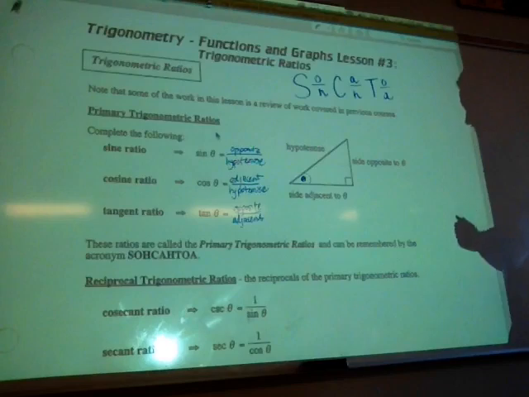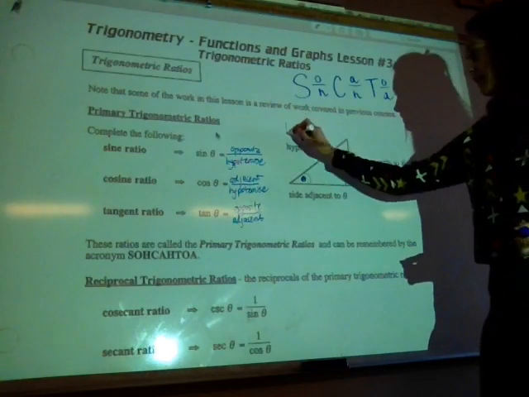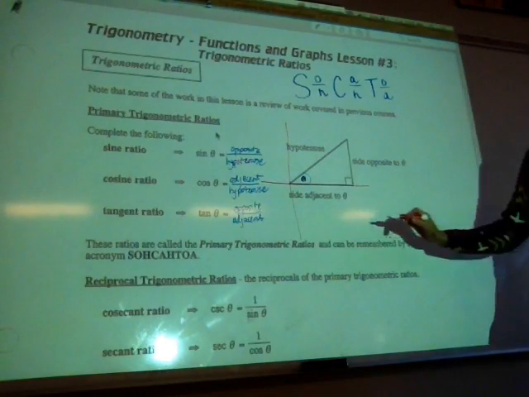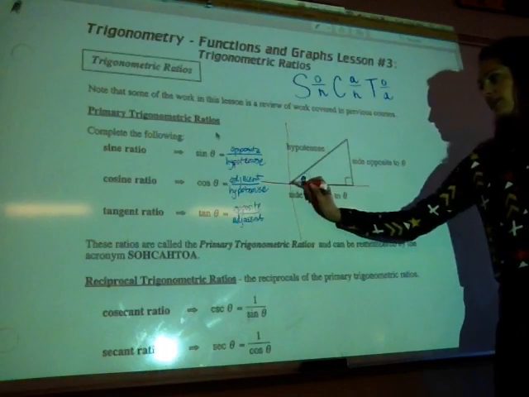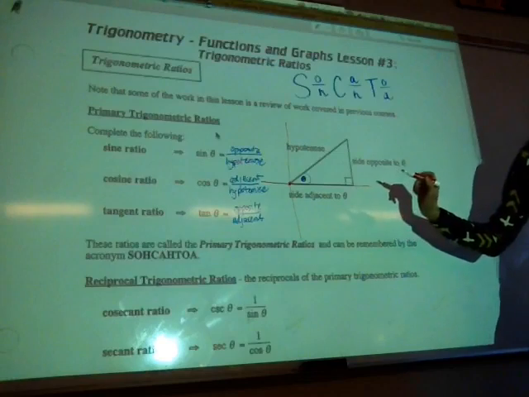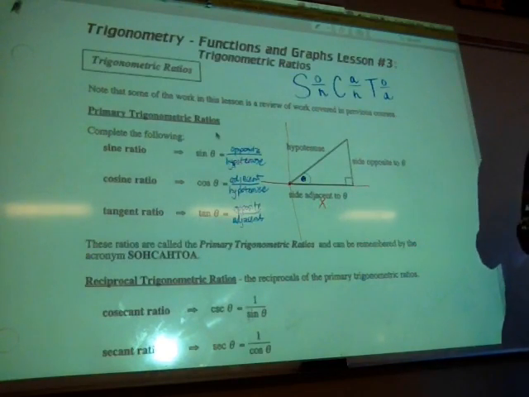Before we get into the next little bit, I'm just going to describe this triangle if we put this on a set of axes. Okay, if our vertex is at the origin, this length would be on what axis? So we can label the adjacent as our x.